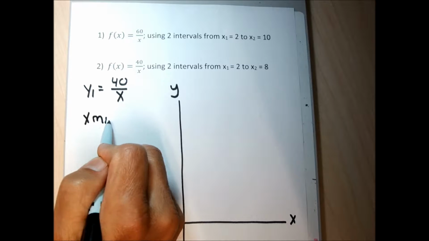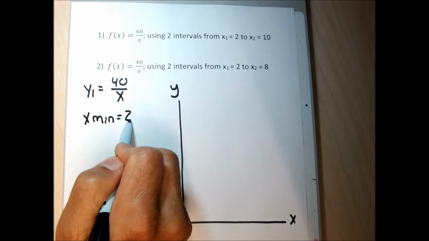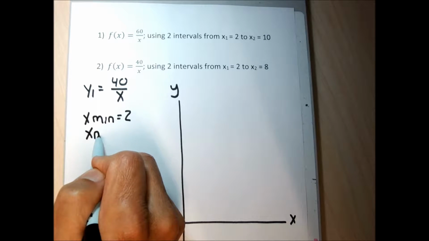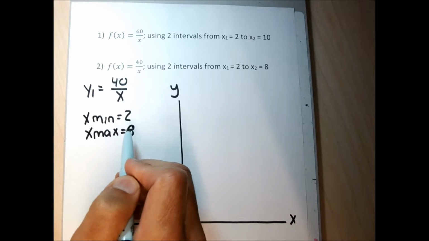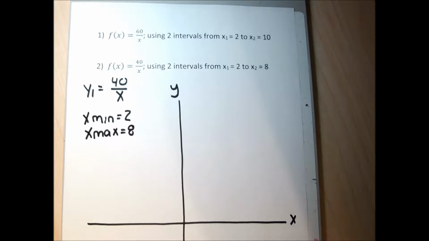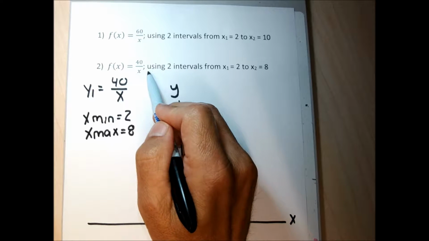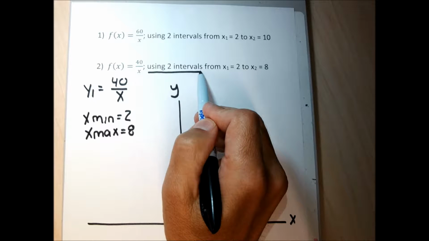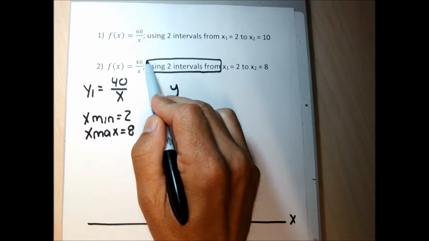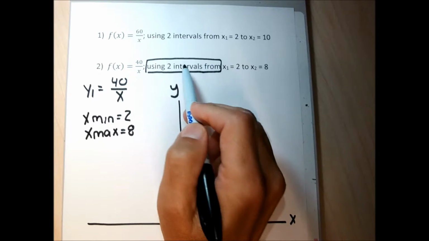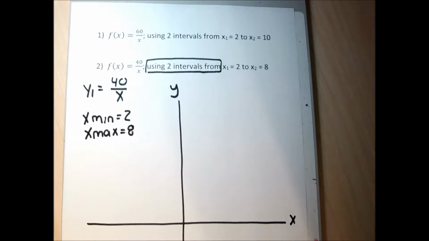As I do more of these, it will be more obvious what region of the graph I'm calling out. So I'm only going to draw it between x equal to 2 and x equal to 8. In a second I'll worry about this little blob here: using 2 intervals tells me I want to draw 2 trapezoids and find the area of 2 trapezoids to estimate the area.